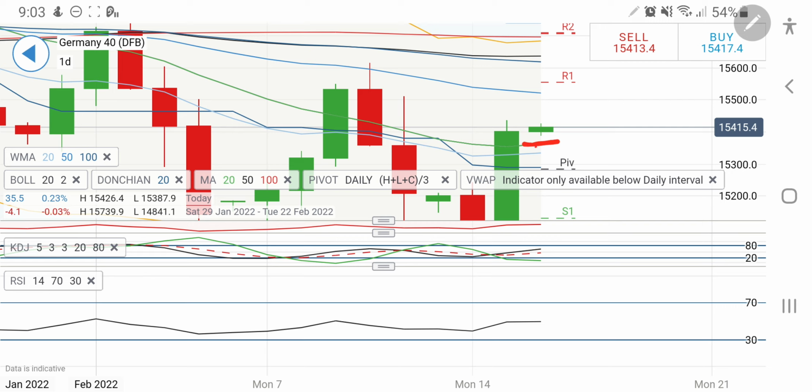Once it breaks 15370, you can expect it to drop towards 15300, and 15200 levels can also be expected. Also look at the lower highs, and hence a long entry is only beyond 15440, where you can expect it to head towards 15550, and 15600 can also be expected. So take your positions accordingly. I expect it to retrace a bit towards 15300, 15250 levels. Take your positions accordingly. This is all from my side.